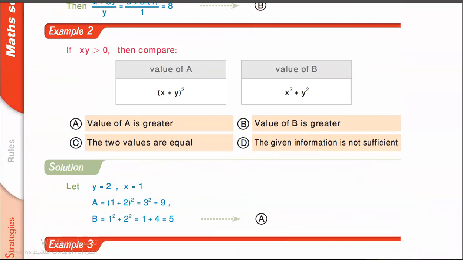Because you suppose them from your mind, but depending on this inequality, xy greater than 0, you must choose numbers with the same sign. If you put x positive, then y positive. If you put x negative, then y negative. You must agree with this inequality.